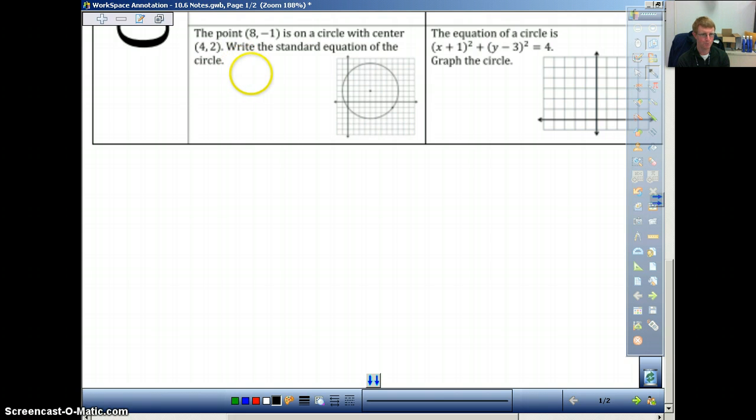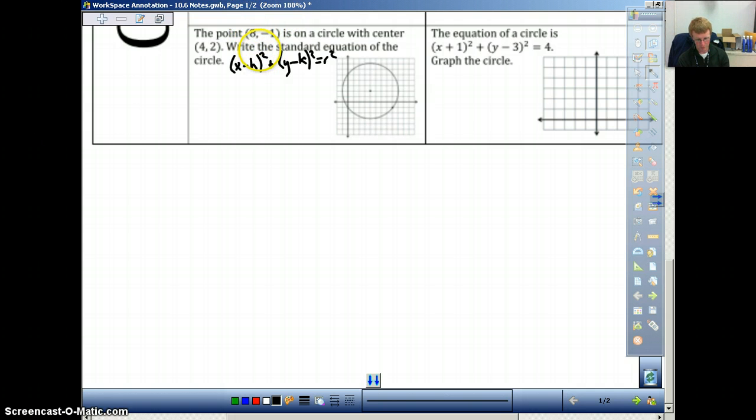So what we're going to do is we have our equation, which is x minus h squared plus y minus k squared equals r squared. We don't know what our radius is here, and that's okay. So we will plug in what we know, and then we can solve for our r.